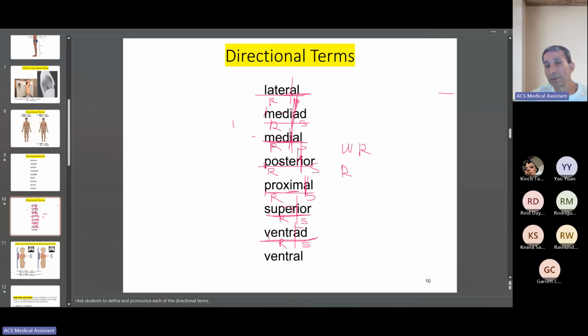Remember, ventral or venter is front, anterior. Now we have the same word root, but with a different suffix. This will be AL, pertaining to the front. This is the word root.